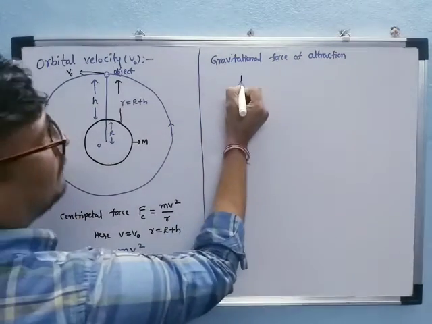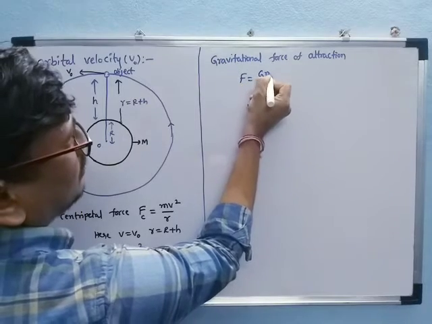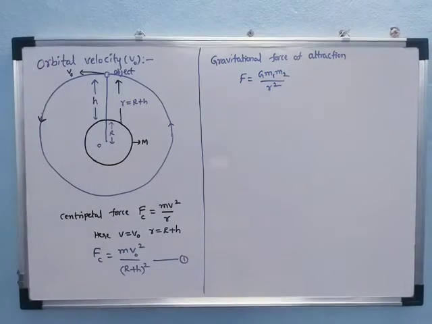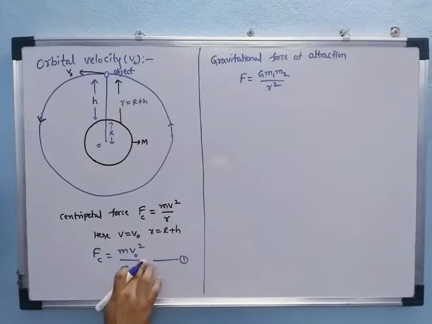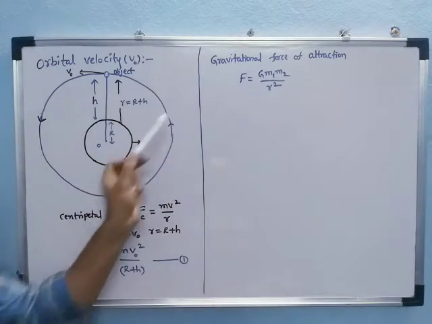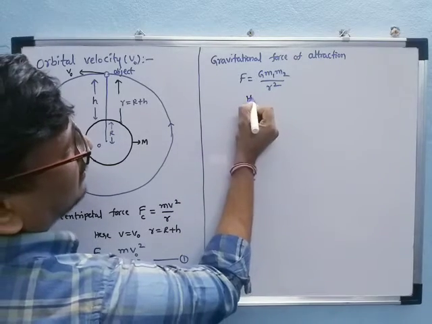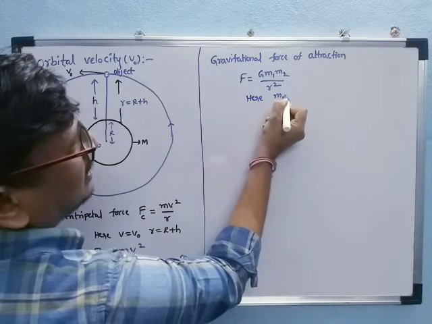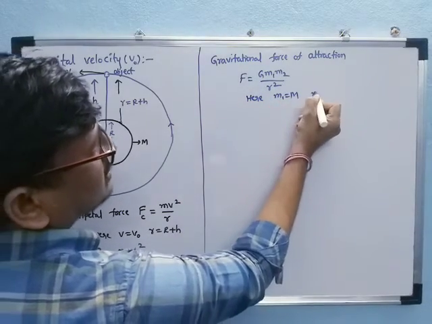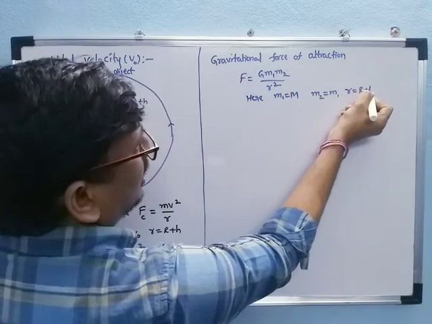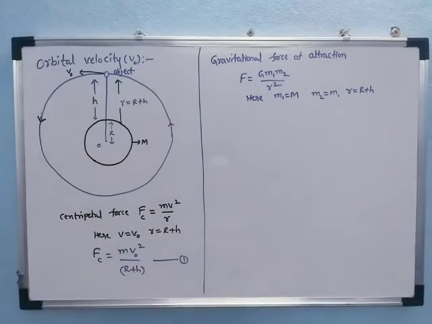F is equal to G m1 m2 by r square. Here m1 is equal to capital M, the mass of the planet, m2 is equal to small m, the mass of the object, and small r is equal to R plus h.